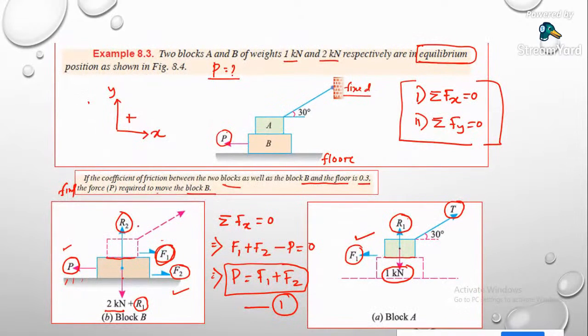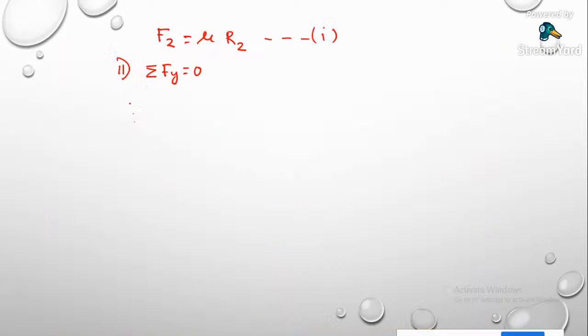So what are the forces acting in the free body diagram of block B? R2 is acting in the upward direction, and the forces acting downward are 2 kilonewton plus R1. So first of all, we need to find this R1.